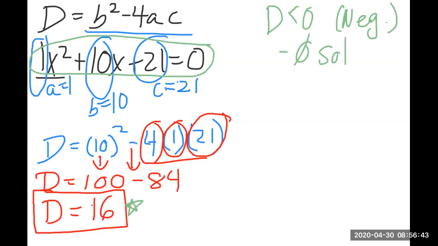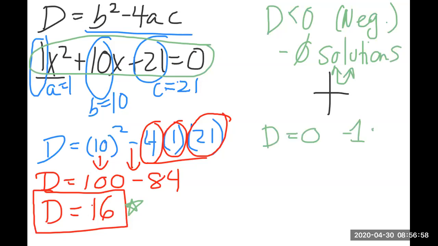We're going to have no real solutions. So remember that graph is going to look something like this. If the discriminant is 0, so D equals 0, then you're going to have 1 solution. So remember that graph looks something like this, where we just hit that x-axis one time.